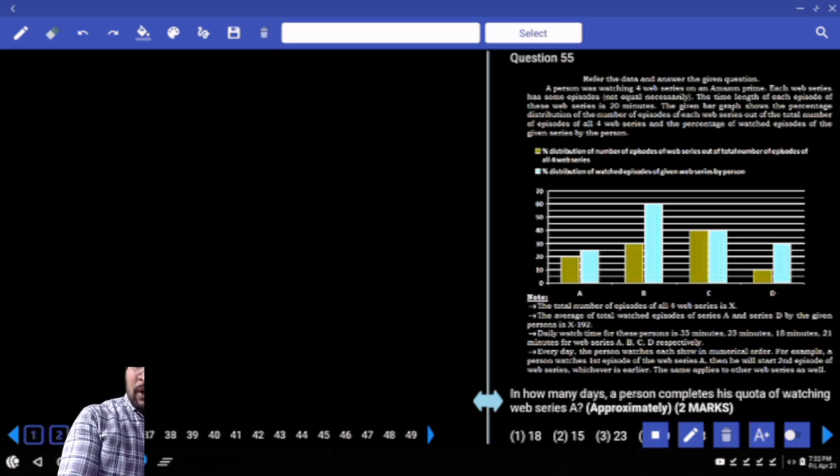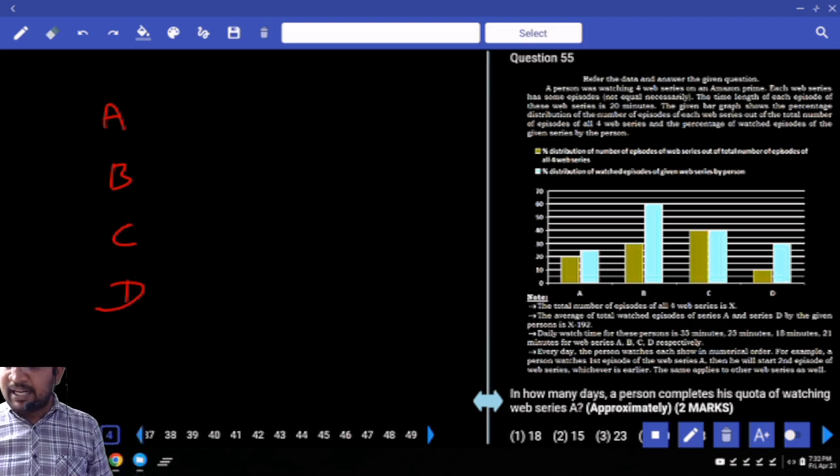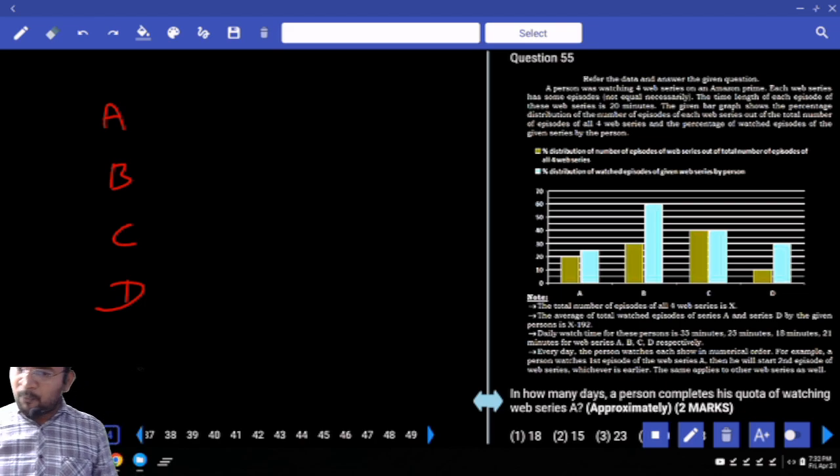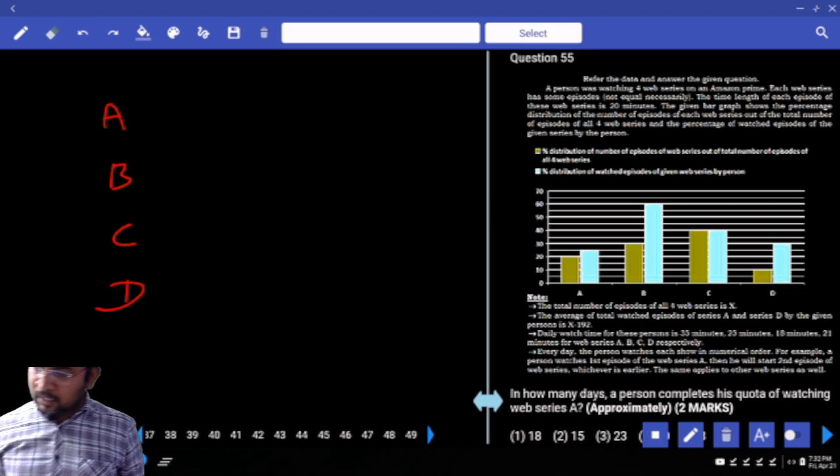So total 4 are there: A, B, C, D. They gave the percentage distribution of the number of episodes, and those watched by the person. See the note, all of you.